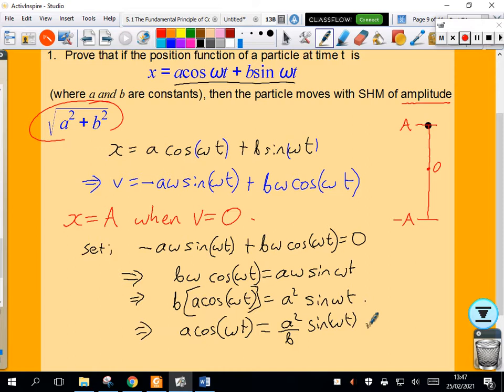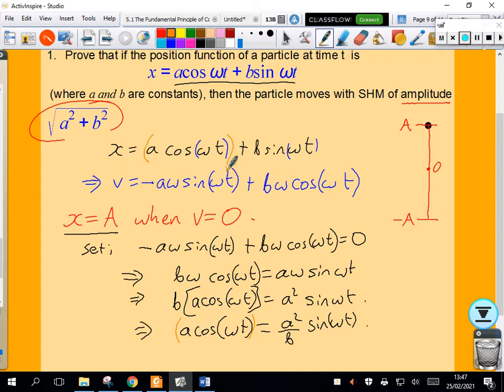So that's important. At the moment when x is equal to a cosine omega t, that is equal to a squared over b sine omega t. And what I can do is take this value for a cosine omega t and substitute it in here.